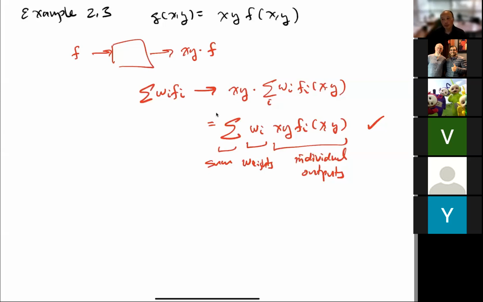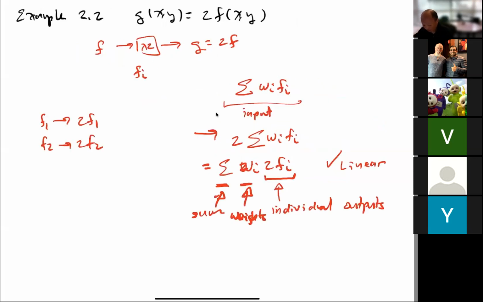Yeah, so I'm trying to understand in the book example why, in both of these examples, they go from, let's say in example 2.2, if we're looking at the sum of the weights times 2f of x y, the next step is that 2f becomes g. I'm just trying to understand what's going on there.